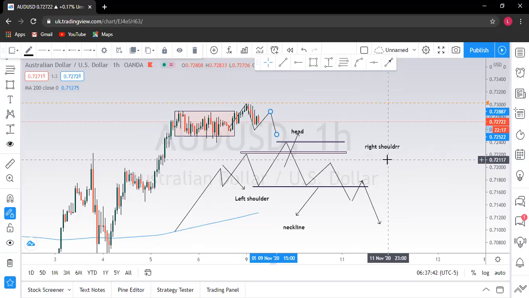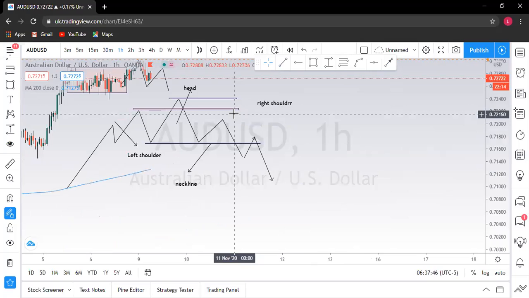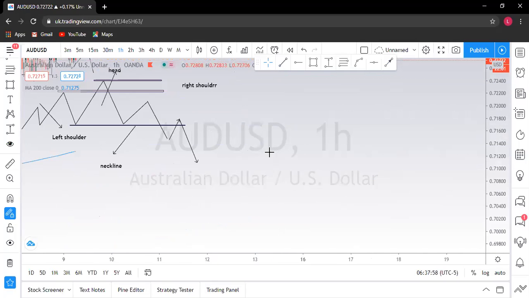Can you understand? So then we have something that is also called an inverted head and shoulder. Let me show you.